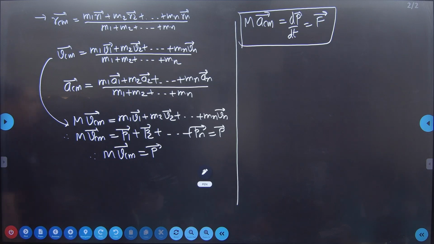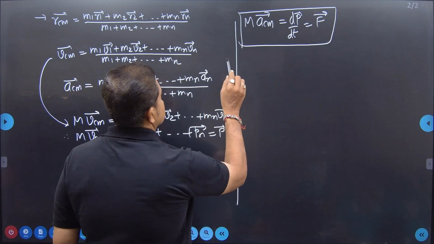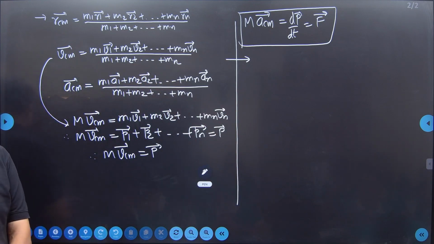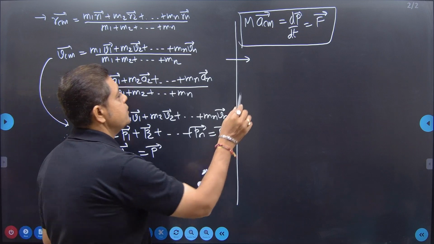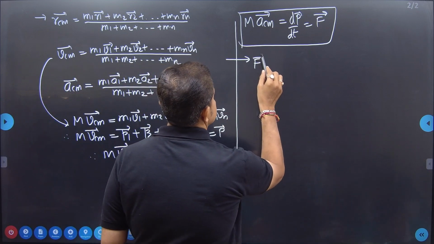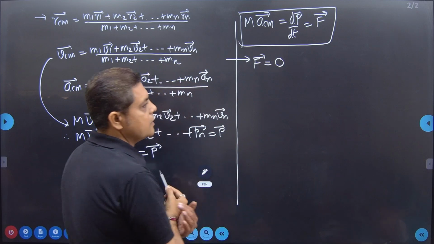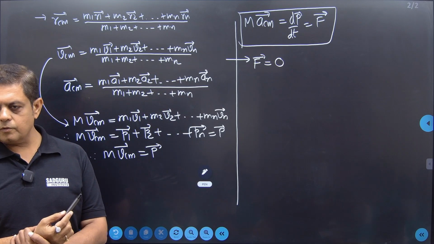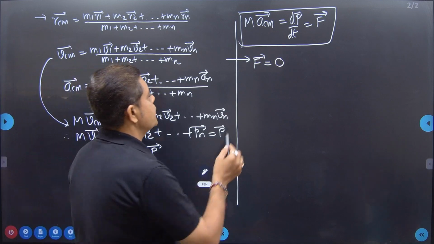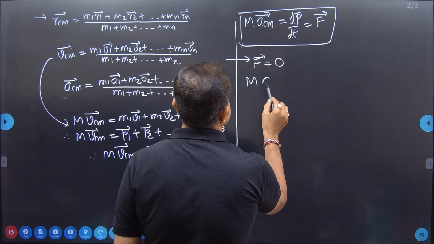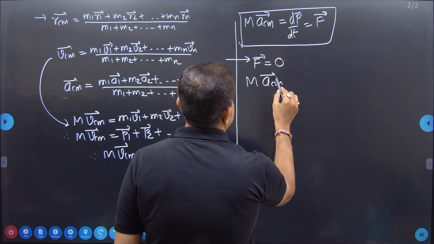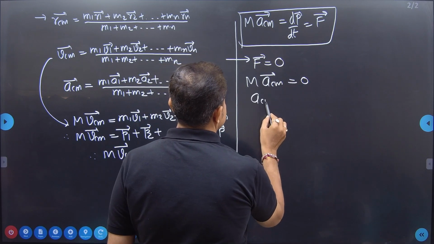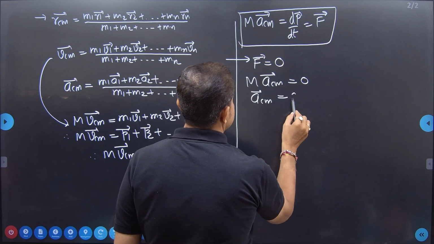Clear? From here we can consider conservation of linear momentum. Suppose the resultant force on the system of particles is 0. Then M acm is 0. Mass cannot be 0, which means the acceleration of the center of mass is 0.